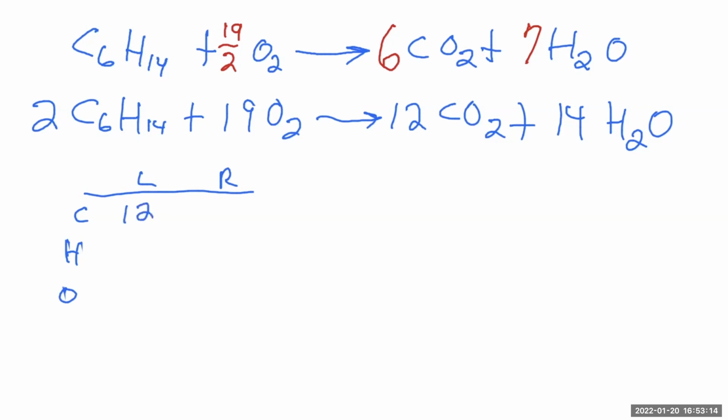How many on the right? 12. Perfect. How many hydrogens on the left? 14 times 2, so it's 28. On the right side, 14 times 2, 28.